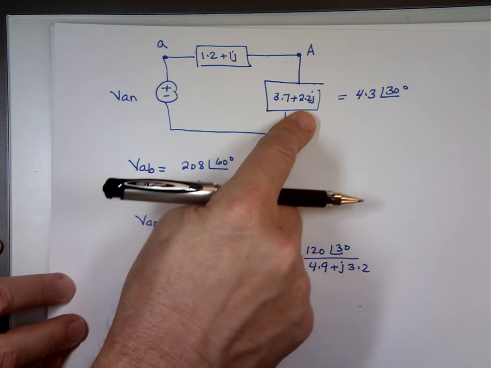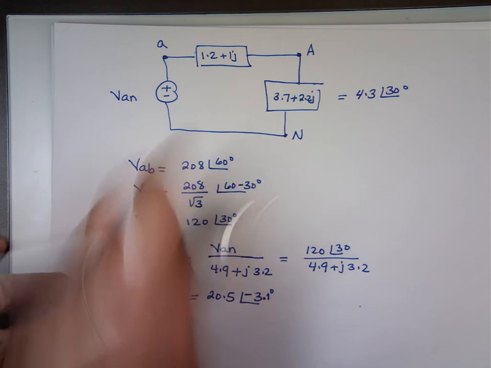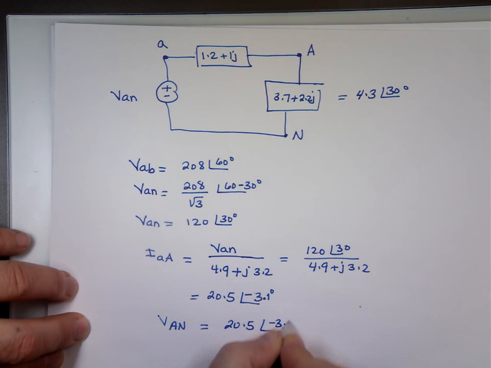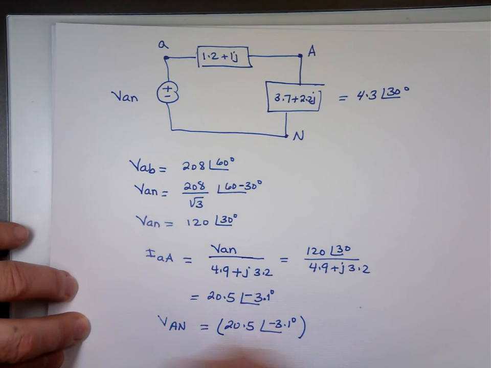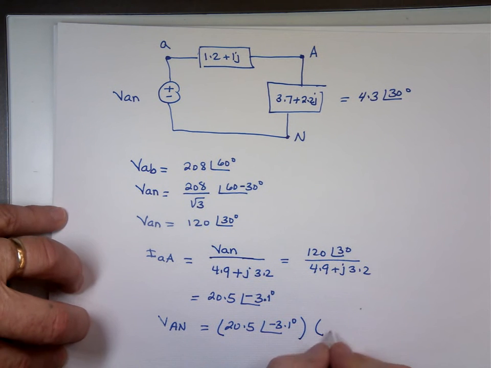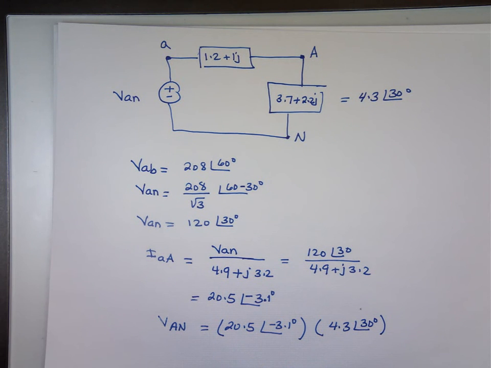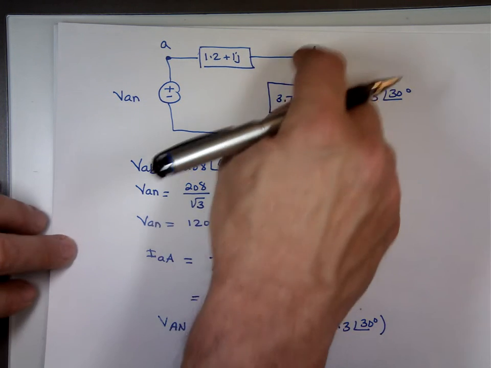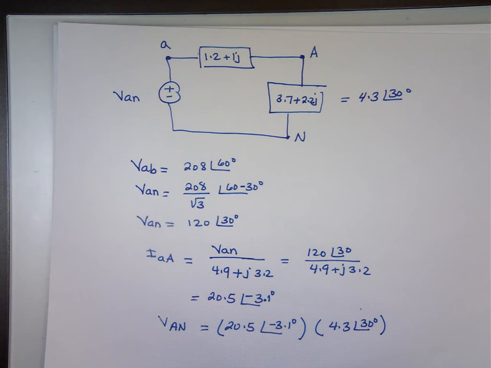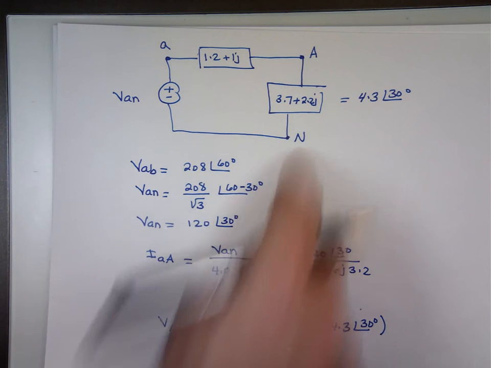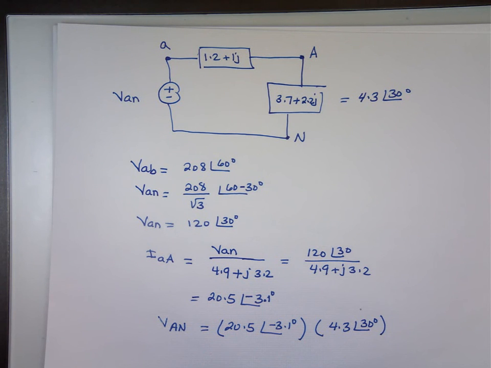So VAN is going to be what? 20.5 angle negative 3.1 degrees, that's the current, Ohm's law, times that impedance, which is what? 4.3 angle 30 degrees. And that will give me the voltage between A and N. That's the load. VAN, that's the source here, and capital VAN, that's the load. And whatever that number is.